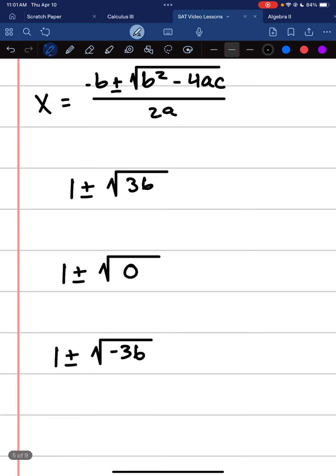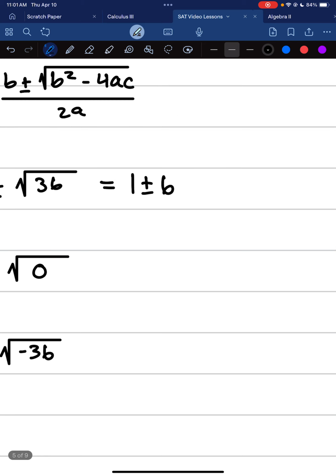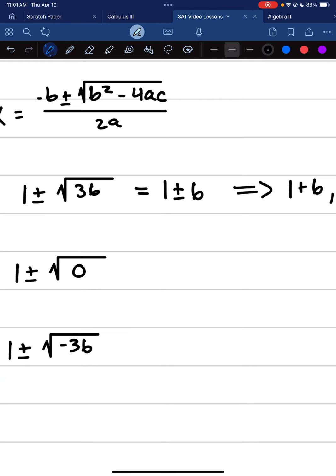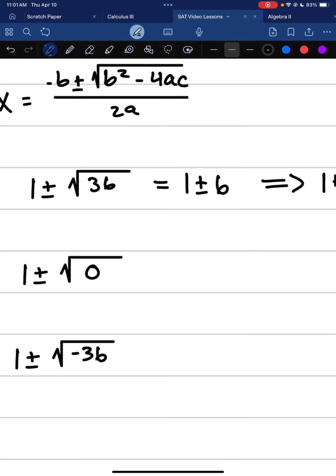In the first case, when we have 1 plus or minus the square root of positive 36, we end up with 1 plus or minus 6, right? Which becomes two solutions, right? 1 plus 6 and 1 minus 6. In the second case, we have 1 plus or minus the square root of 0, which is just 1 plus or minus 0, which is just 1.